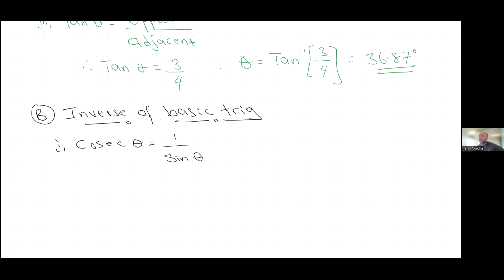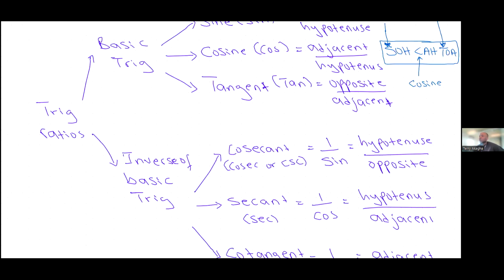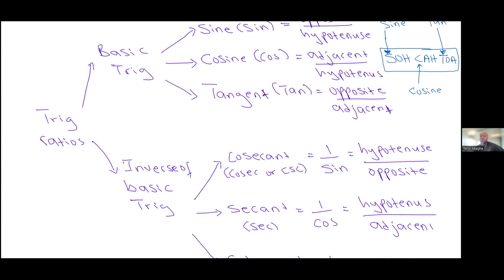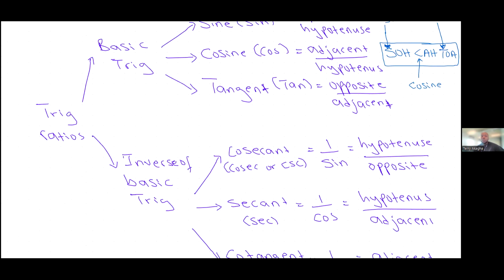If you go to the previous slide, I told you that cosecant is 1 over sine, which is hypotenuse divided by opposite.